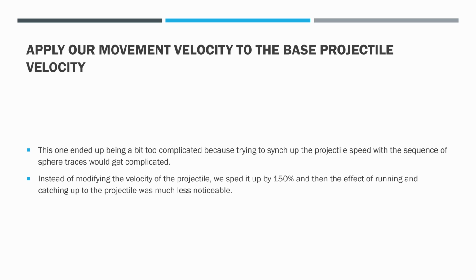And so instead of modifying the projectile velocity by adding the velocity of the movement of the character, which would be technically correct for physics, we ended up just speeding up the projectile by 150%, adjusting the traces to match that new 150%. And then what ends up happening is that the running effect catching up to the projectile is just much less noticeable.